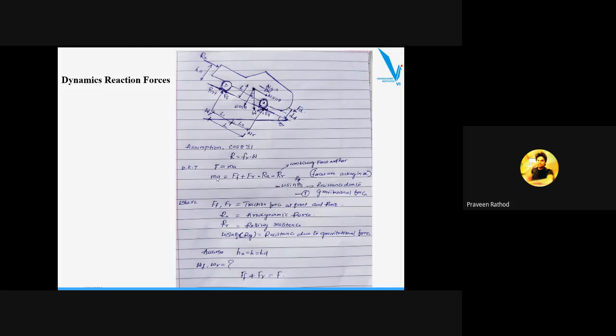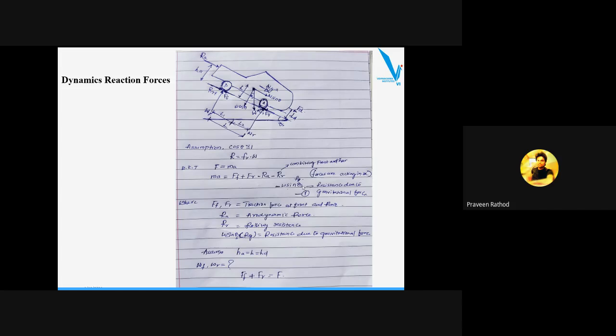So MA is equal to FF plus FR minus RA minus RR minus W sine theta S or RG. If you want to add one more force over here, that is FD, it can be written as minus of FD. This is acting in this direction, so the negative sign we have to consider.